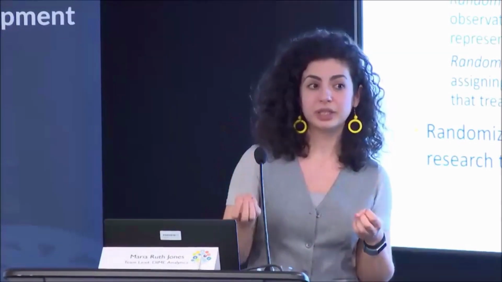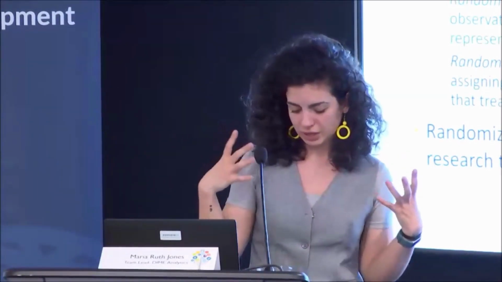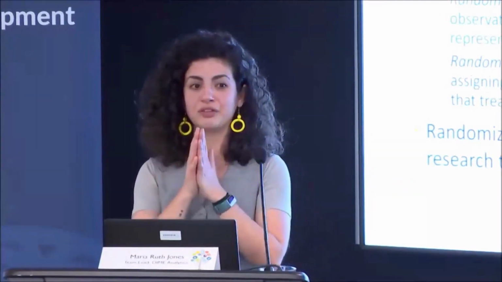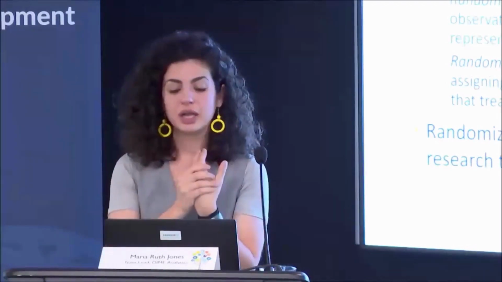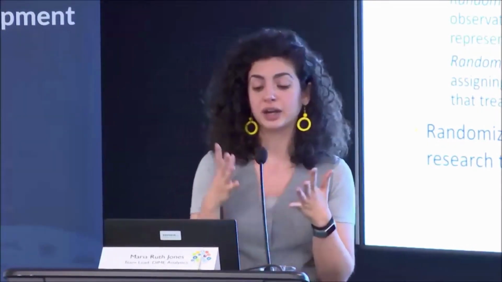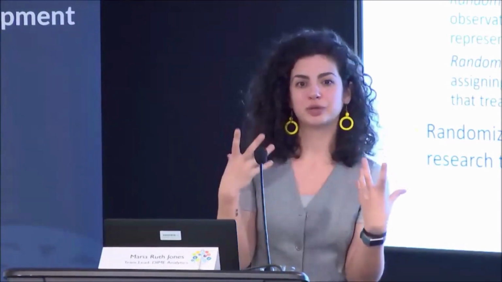And what is really important for the credibility of our studies, and to make sure that the results we are creating will have maximum impact and outreach, is that any random process needs to be fair and transparent, and people should be able to scrutinize it.